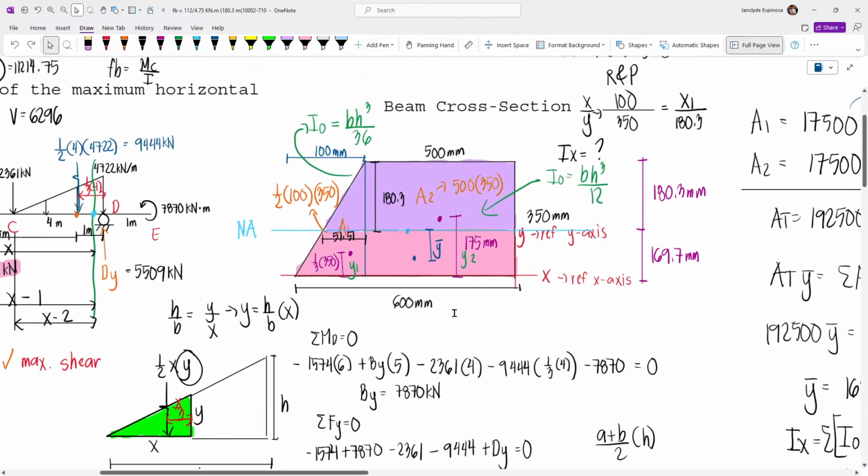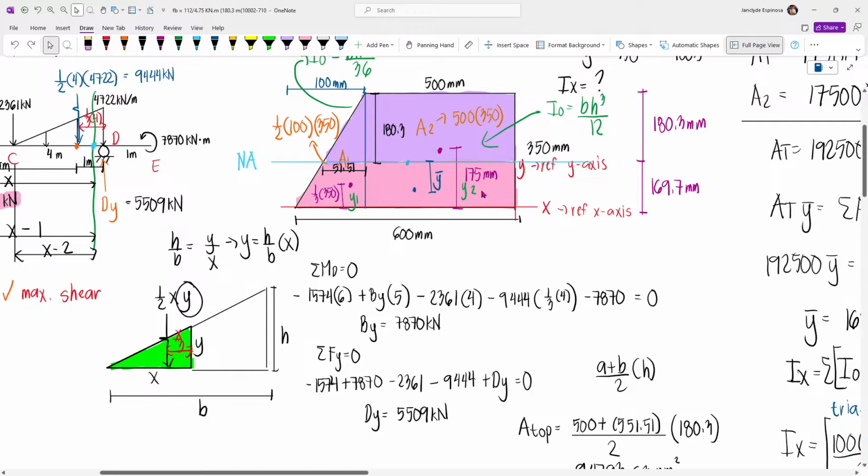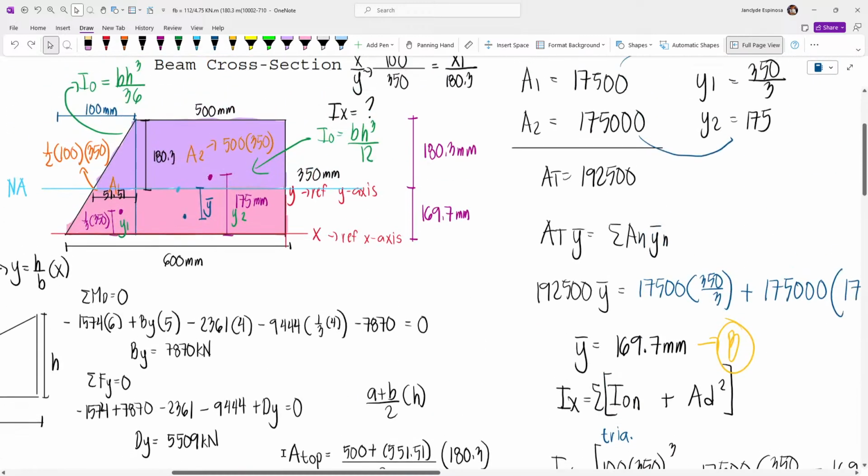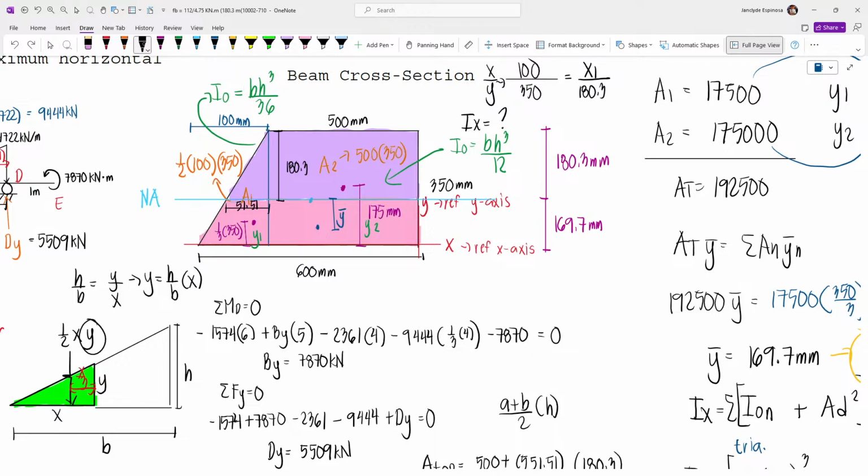As a challenge, try to compute y bar. You can also divide it into two different shapes, right? I can draw a line here so that we have one triangle and one rectangle. But if you were taught the centroid of trapezoidal figures, you can just use the formula for direct substitution.